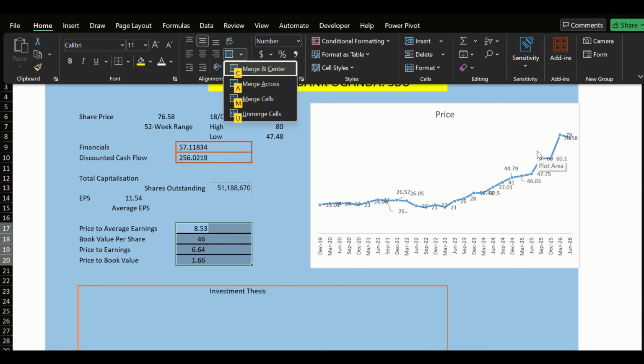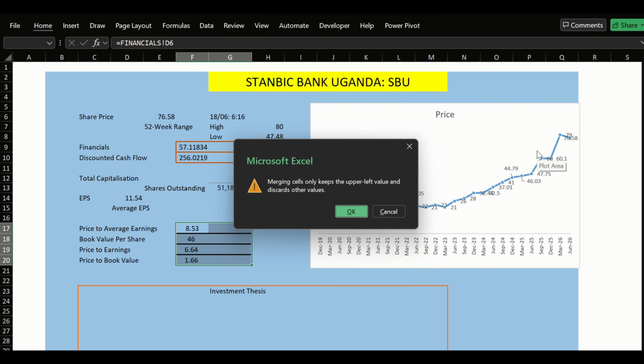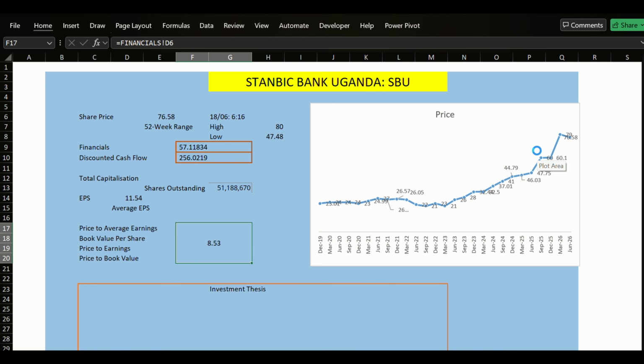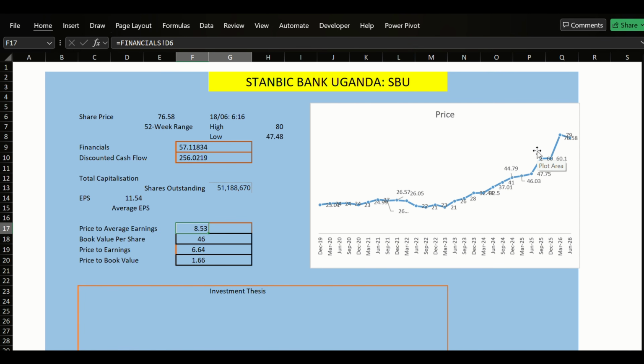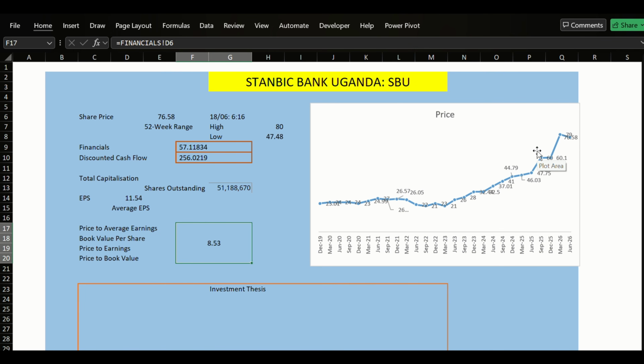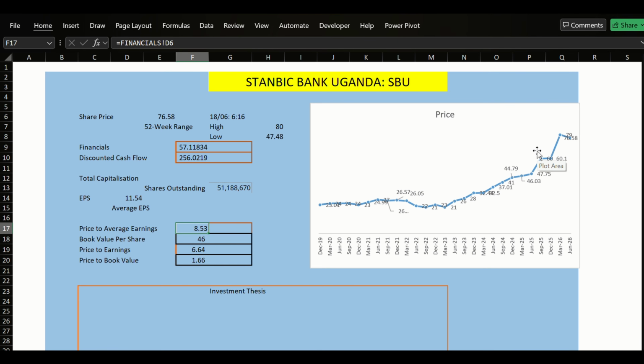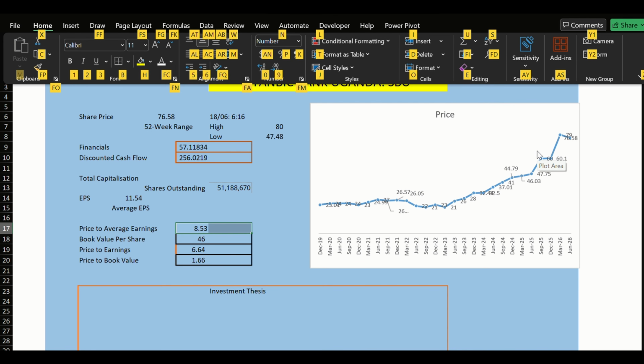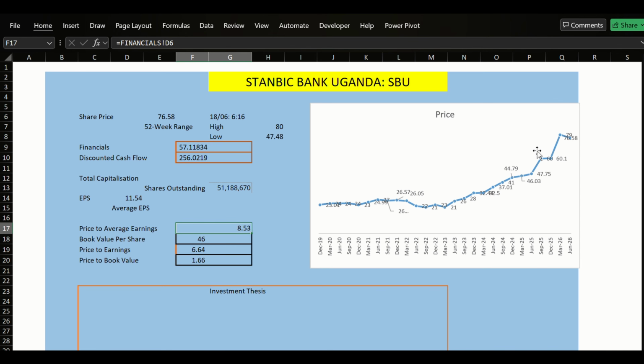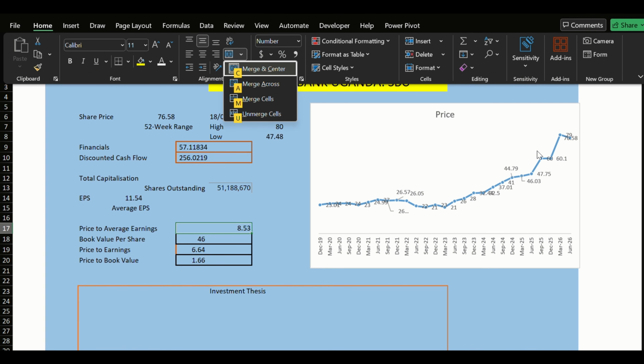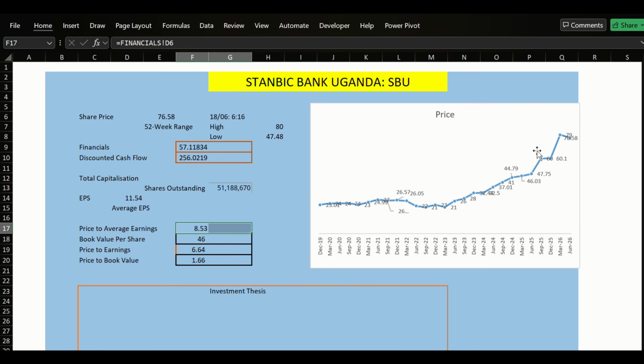Center. Let's see. Margin center. Voltage. Sorry, voltage. Let me indent.